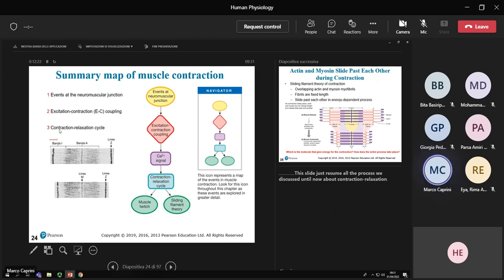If you remember, at the beginning of the course we analyzed some pictures like this one, where you can see a stimulus, that is an event at the neuromuscular junction, and what happened in the muscle. Here you can have the excitation contraction coupling, the calcium signal, and the contraction relaxation cycle.